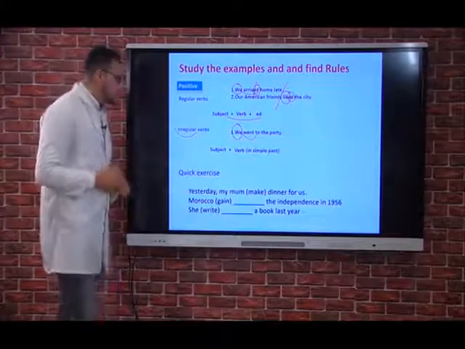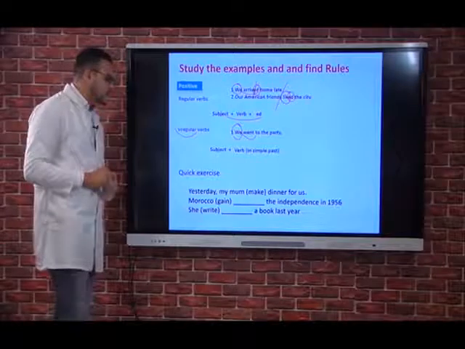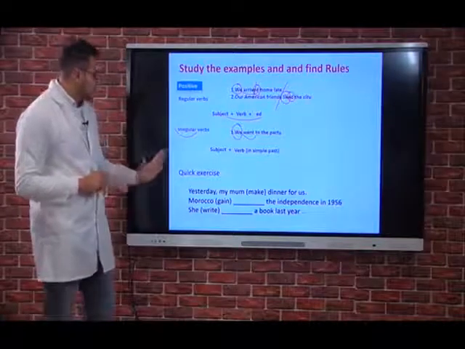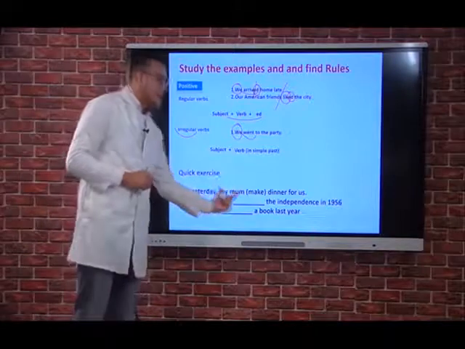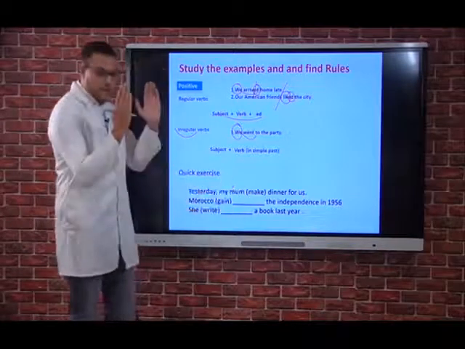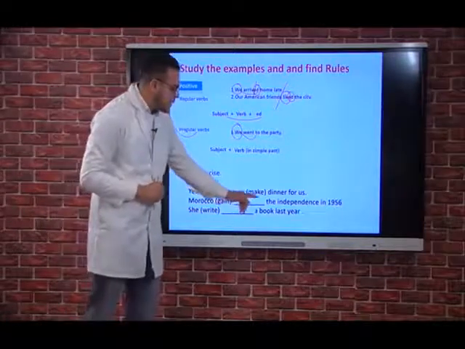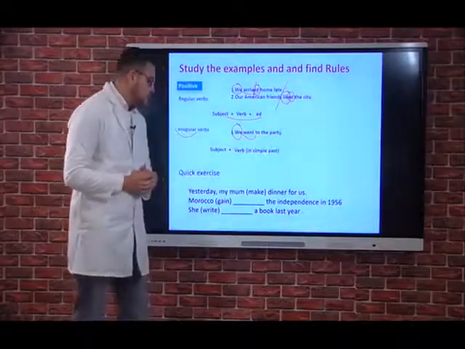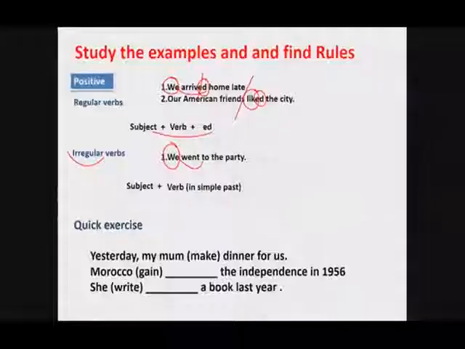Let's do a quick exercise in here. Yesterday, my mom, subject pronoun, between brackets I have the verb to make: dinner for us. So we need to put this verb into the correct tense. So what do we say?